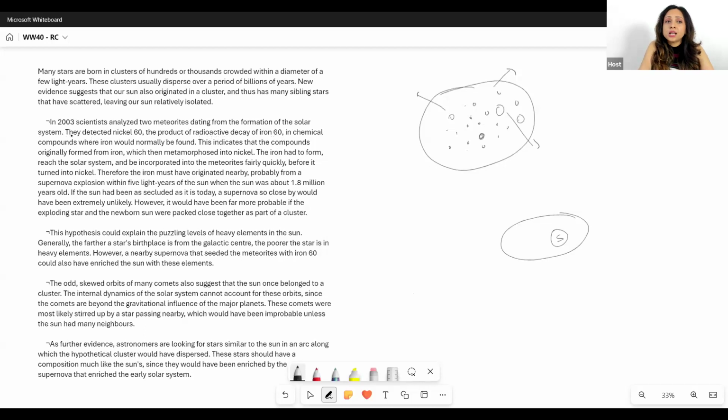They're saying they detected nickel 60, the product of radioactive decay of iron 60. So essentially, I'm told that iron 60 decays into nickel 60, in chemical compounds where iron would normally be found. So there are some compounds, whatever those are, which have some kind of structure. I'm not going to use any chemical symbols. It's just going to confuse you more.